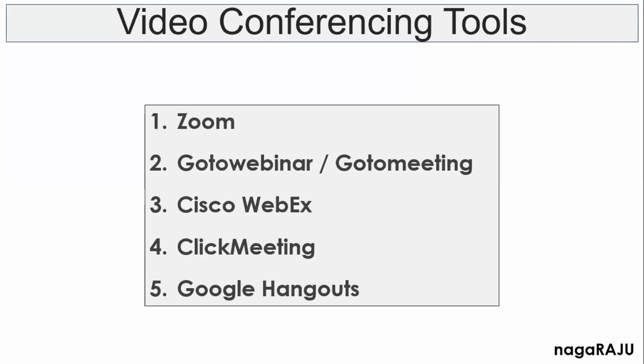Zoom is one. I frequently, very regularly use GoToWebinar and GoToMeeting. GoToWebinar is exactly similar to Zoom, but also has a free version, slightly different, only some controls are different. And GoToMeeting also is like this. GoToMeeting allows you some 50 cameras to be on, like now.